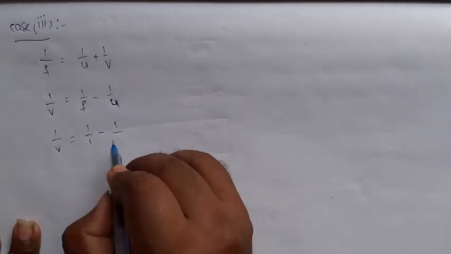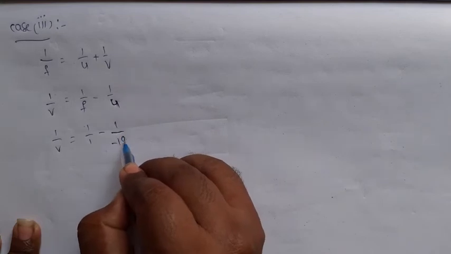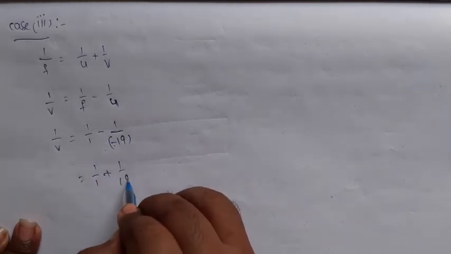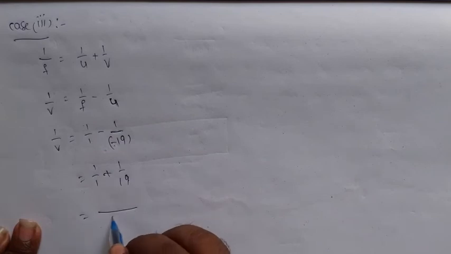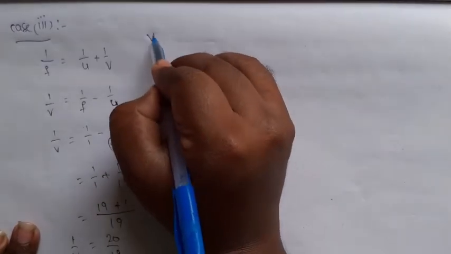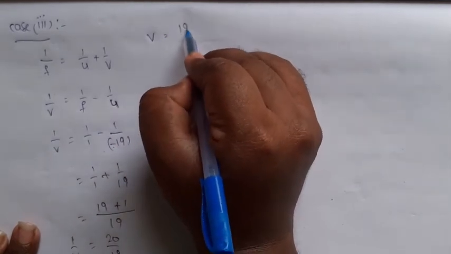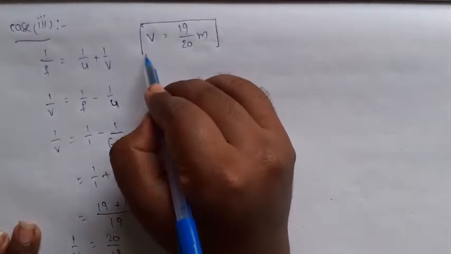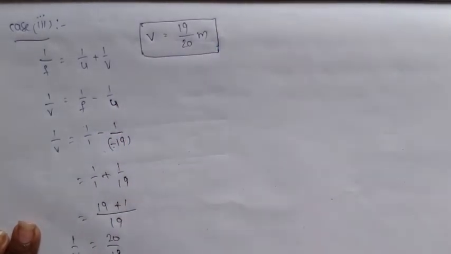So in case 3, object distance u equal to minus 19 meter. So jogger is at 19 meters. So 1 by 1 minus into minus plus 1 by 19. LCM is 19. 19 plus 1, 20 by 19, that is 1 by v value. I want only v value, so 19 by 20 meter. So image distance is 19 by 20 meter.